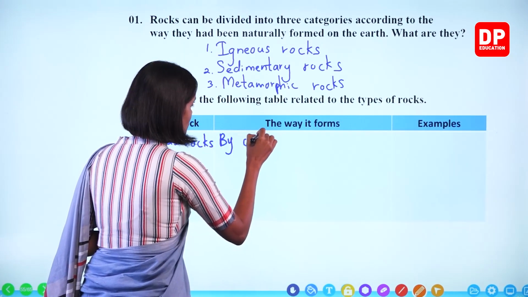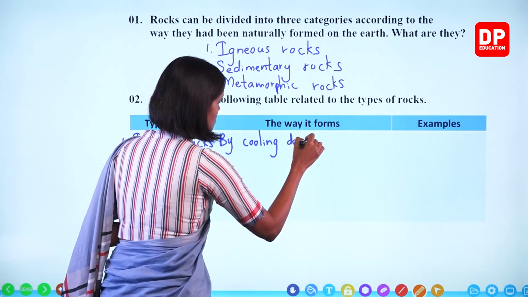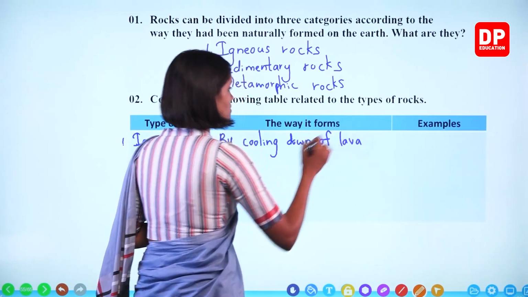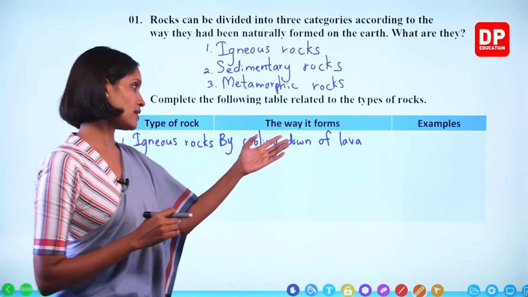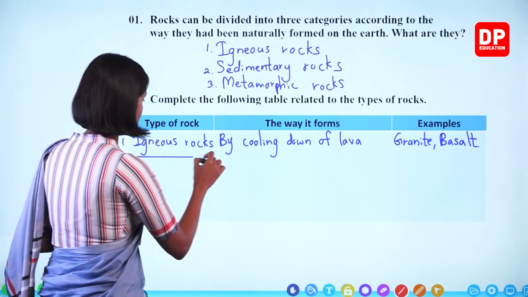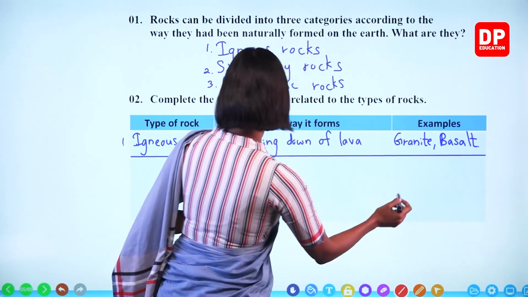By cooling down of lava. Examples, we'll write 2 examples. Granite, basalt. Okay.